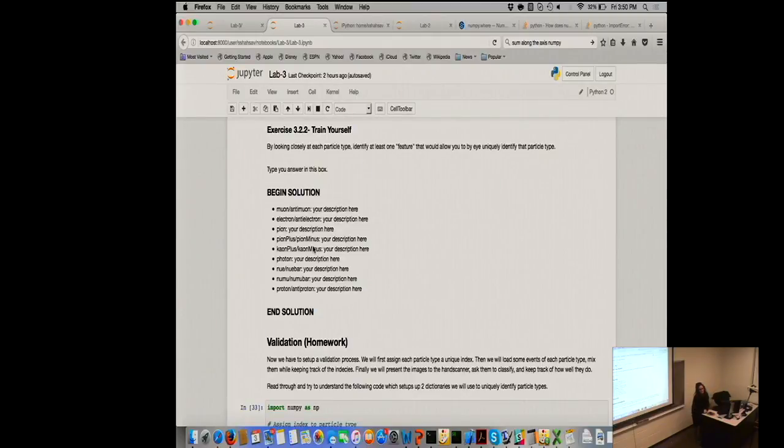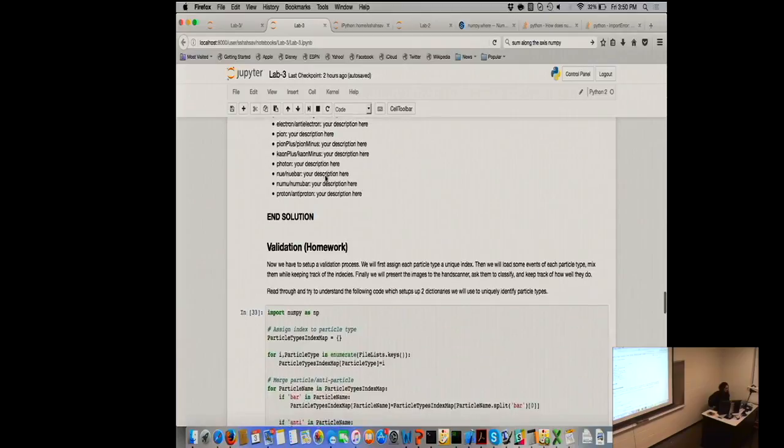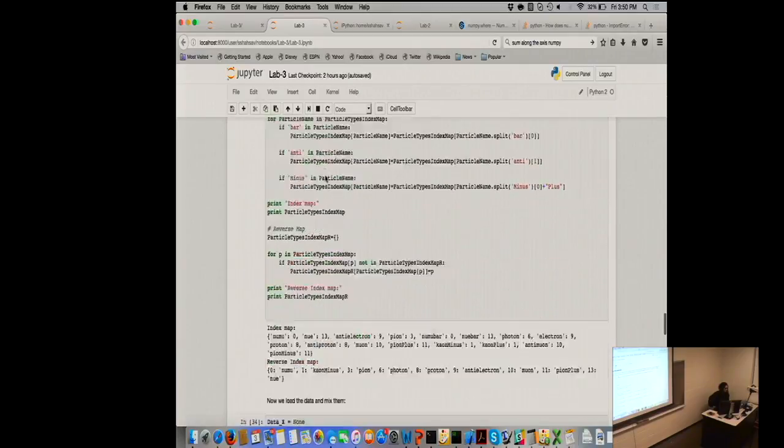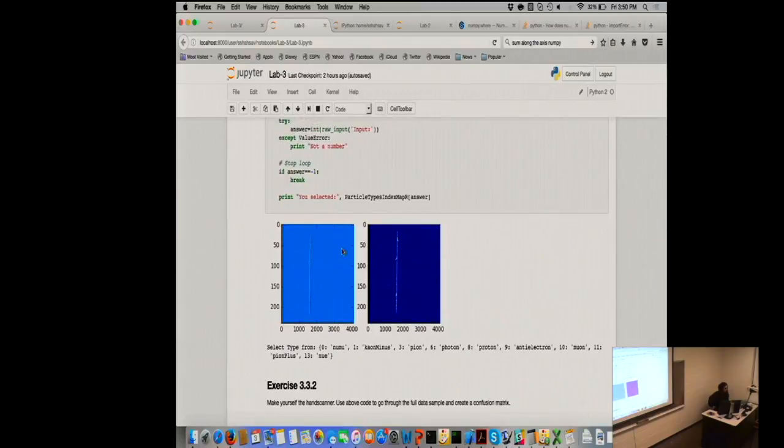You can look at pion plus, pion minus, and see the difference. Pi zero with photon, because I also generated photon directly. You have photon files inside. You can look at it and see the difference between photon, for example, and electron, photon and pi zero. So then you can answer this question, and this is the homework.